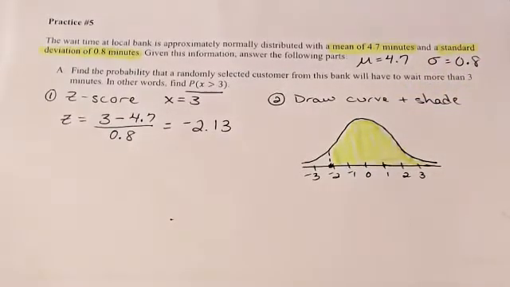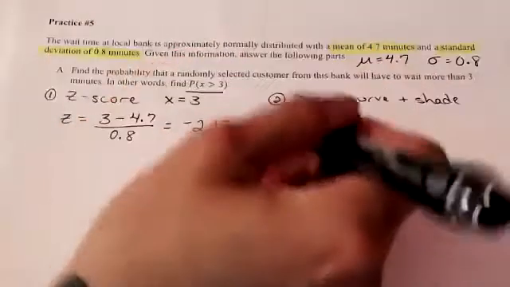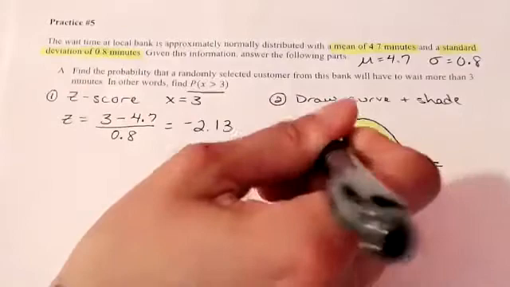Good. We shaded the region above. However, when we look at the value -2.13 on our z-score table, it gives us the area to the left. So Lainey, when you look at your z-score table and you look up -2.13, what is the area to the left of that z-score? Let me pull it up real quick. Sorry.